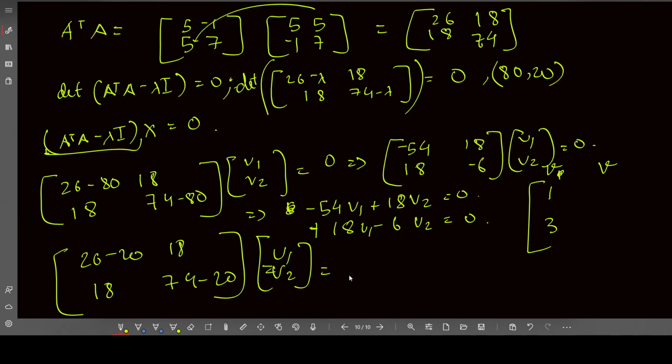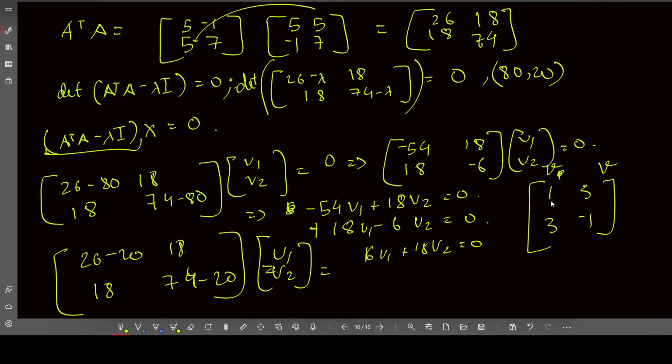If you multiply, you get 6, 18, 18, 54. Again, you get 6 V1 plus 18 V2 is equal to 0. So you get 3 and minus 1.